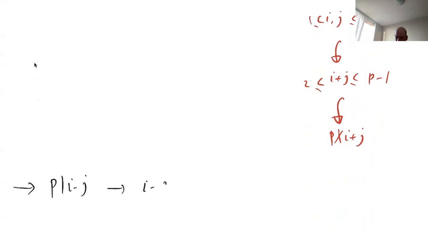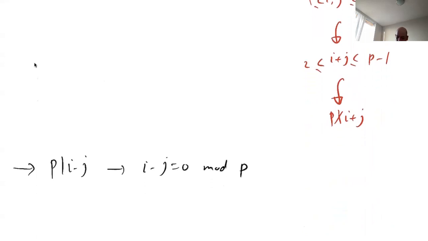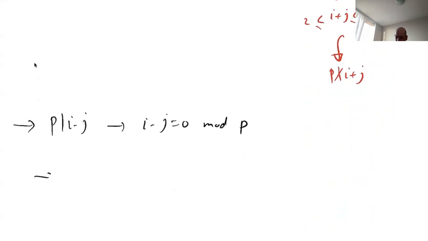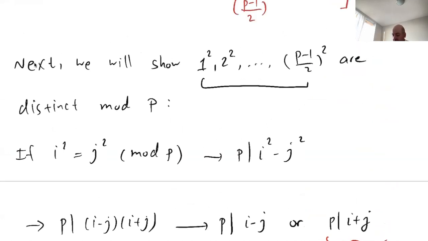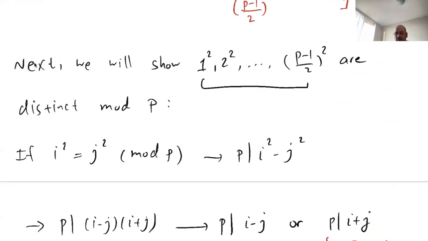And that means i minus j equals 0 mod p, right? Remember, multiples of p are 0 in Zp or mod p. And that means i equals j mod p. So if the squares of two numbers are equal, then the two numbers must be equal themselves, right?